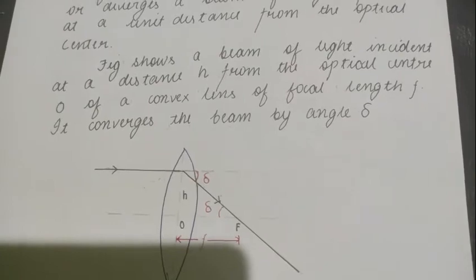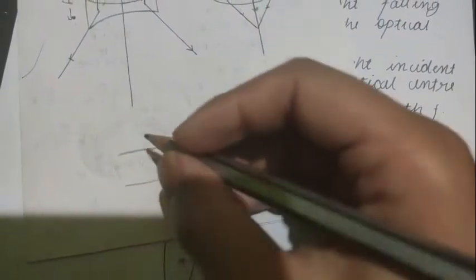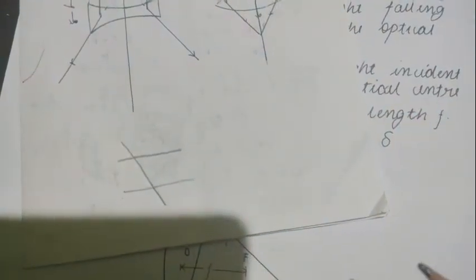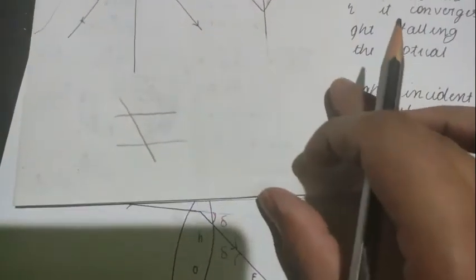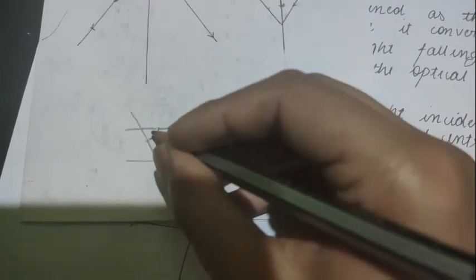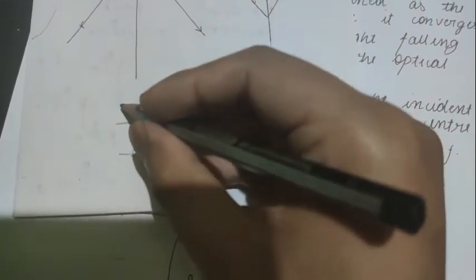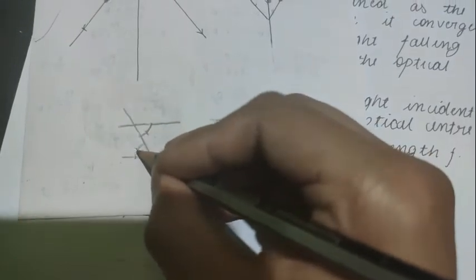Fine. Now we know from our basics, whatever we have studied in class 10, if we have two parallel lines and there is a transverse, then this angle will be equal to this angle.